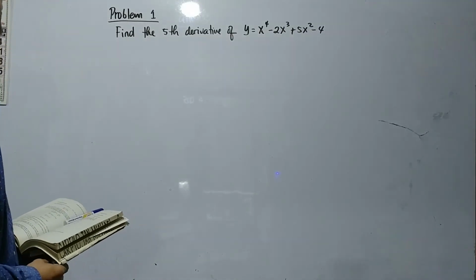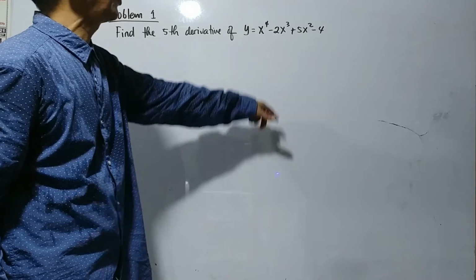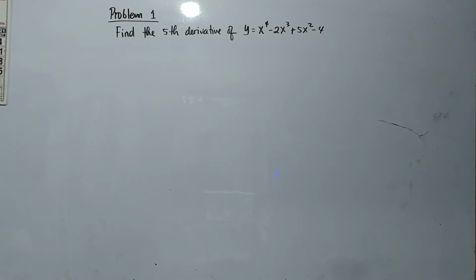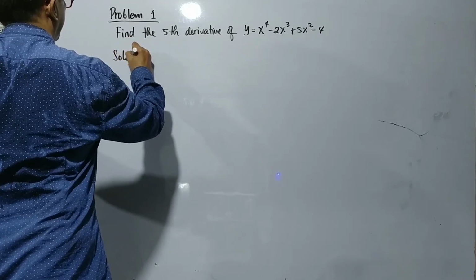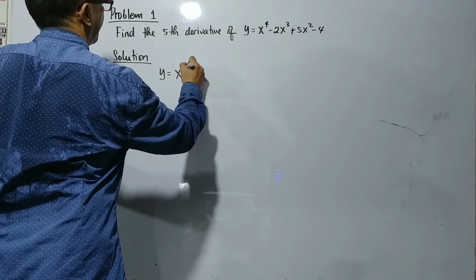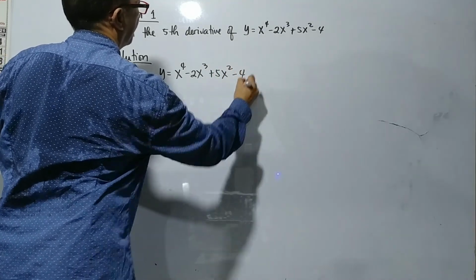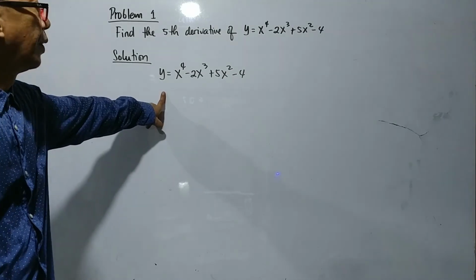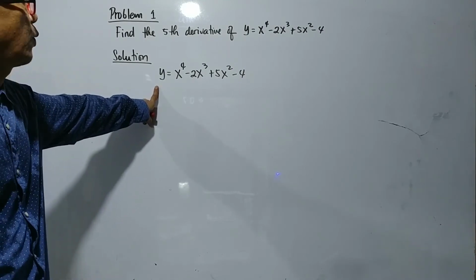For the higher derivative problem, find the fifth derivative of y equals x to the fourth minus 2x cubed plus 5x squared. To solve it, first write the function. Our problem is y equals x to the fourth minus 2x cubed plus 5x squared minus 4.